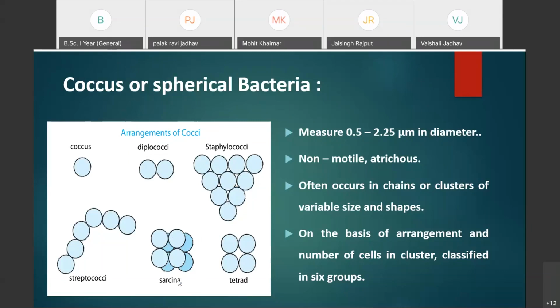These are the different groups of coccus bacteria. That is all about the coccus or spherical bacteria.